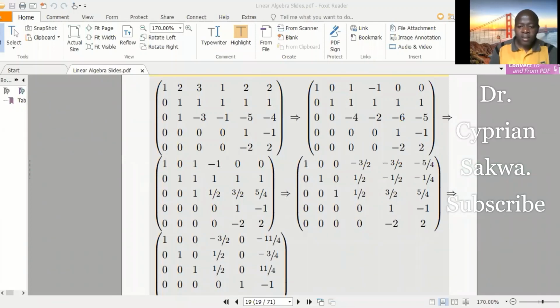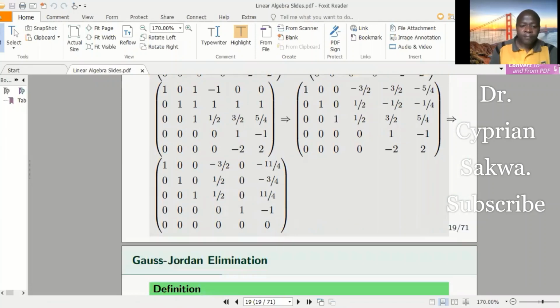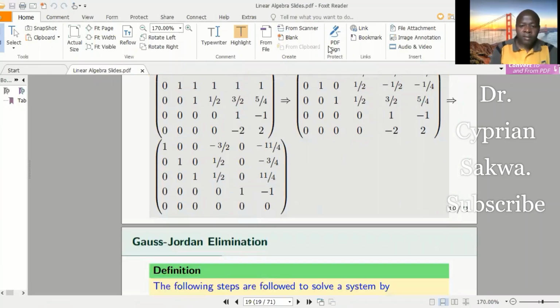Now, when I take what I've just said, because I've said that I would take row 5 plus 2 row 4, when that happens, this element becomes 0 and this also becomes 0.